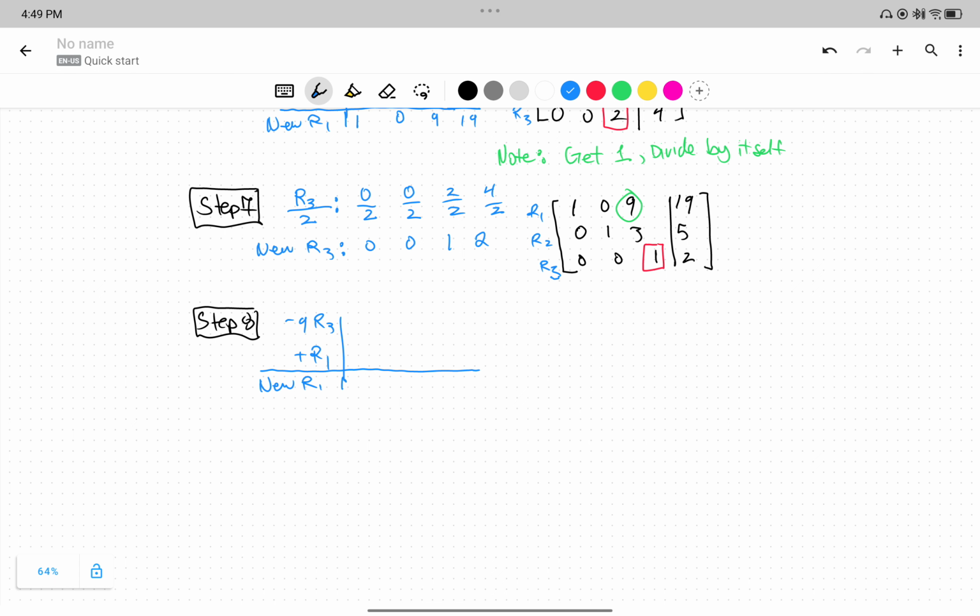Okay, so let's multiply times the row 3. 0 times -9 is 0, times 0, times 1, -9, times 2, -18. Row 1, bring it over. If you add, you get a 1, then you get a 0, you get a 0, and you get a 1.